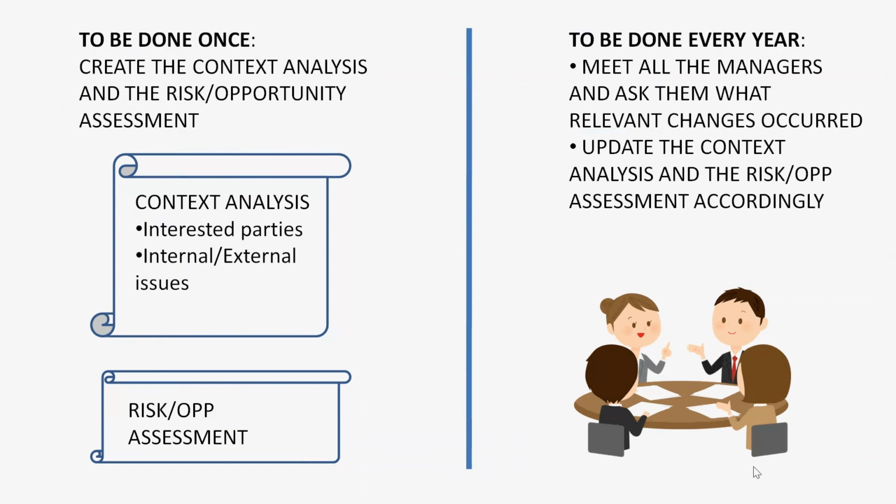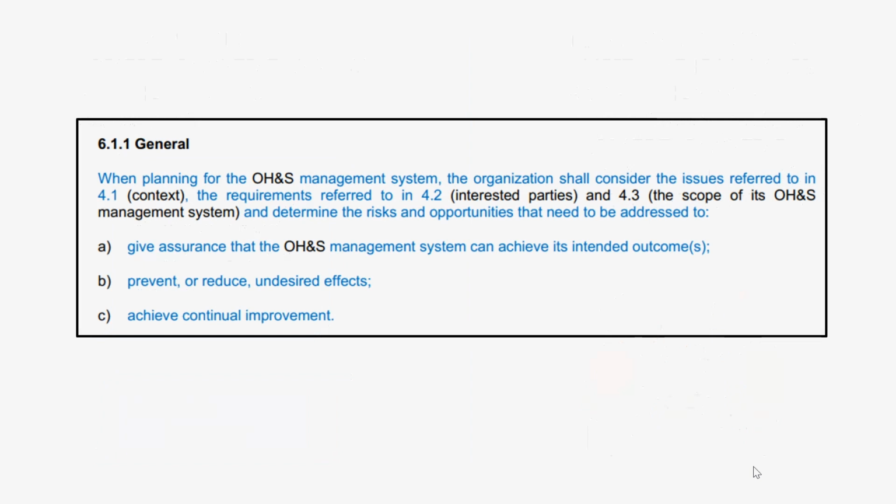Now that you have a context analysis, we can go to the next topic, which is risk opportunities assessment. Exactly like before, we will start from what the standard says about this topic. This is managed in chapter 6.1.1, which says that we have to assess our risks and opportunities and make proper evaluations.